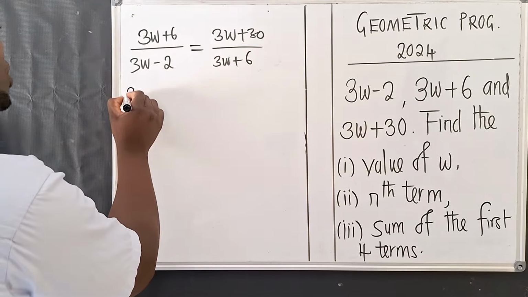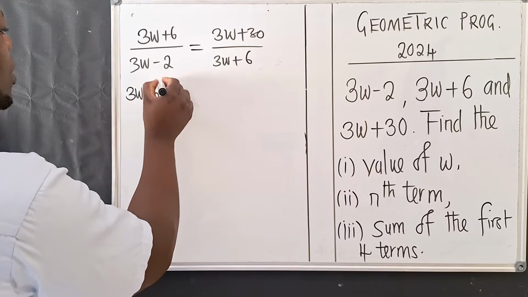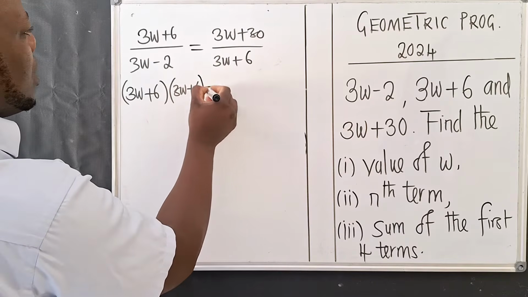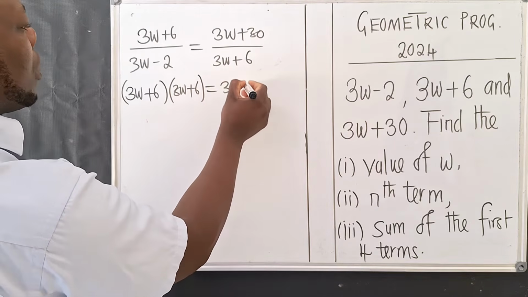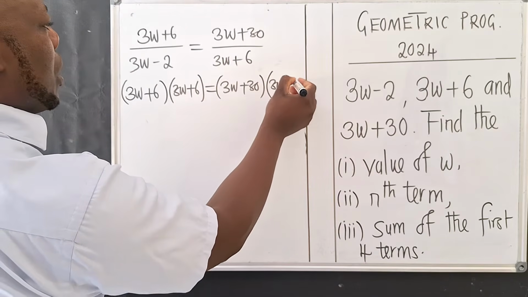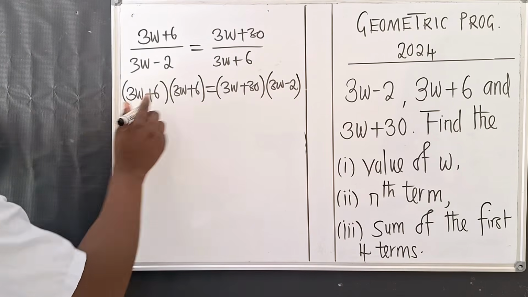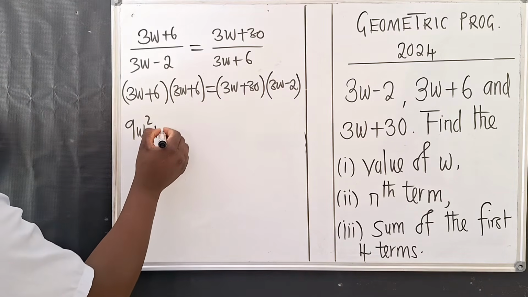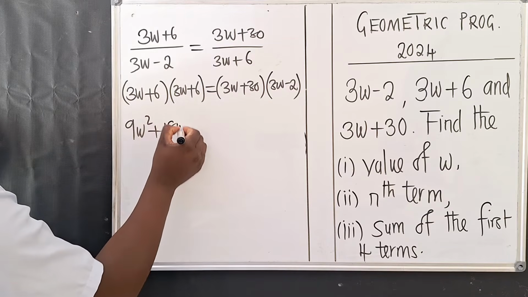So this will be (3w + 6) times (3w + 6) is equal to (3w + 30)(3w - 2). So these two are giving us 9w squared. Here we're getting 18w.